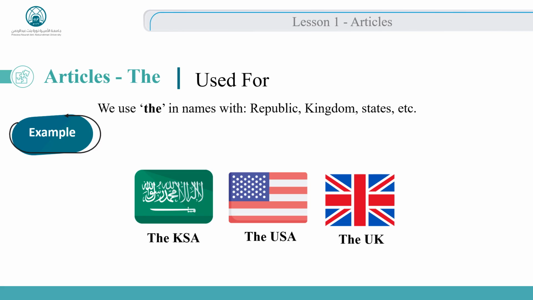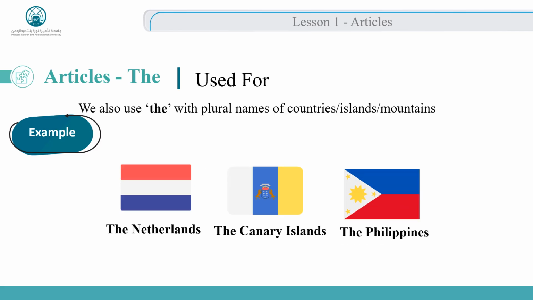We use the before the names of countries which include republic, kingdom, states, etc. For example, the Kingdom of Saudi Arabia, the United States of America, the United Kingdom. We also use the before the names of countries, islands, mountains when they are in plural form.